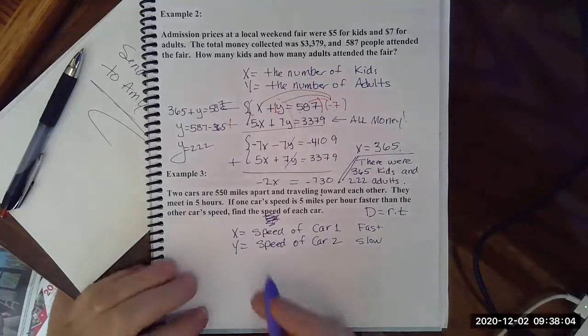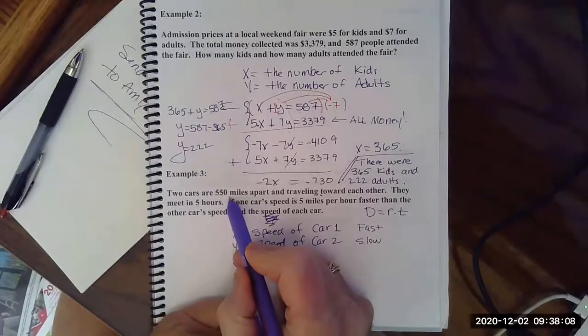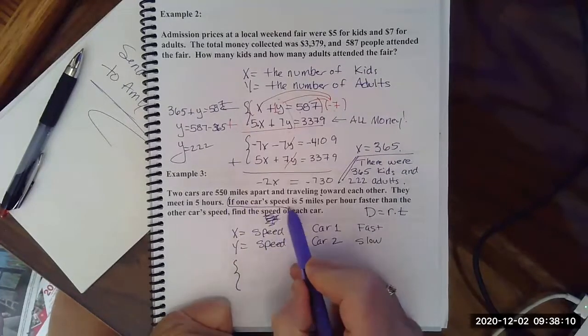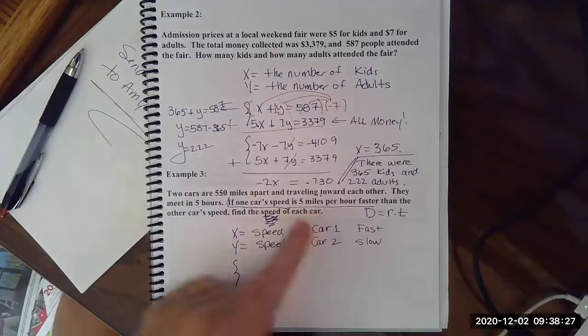Let's see. I'm going to go to the second equation first. One fast car is going 5 miles an hour faster than the slow car. The fast car is faster by 5 miles per hour.